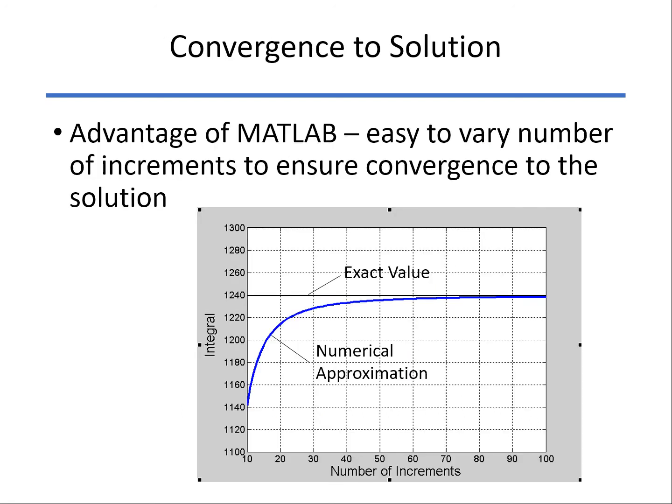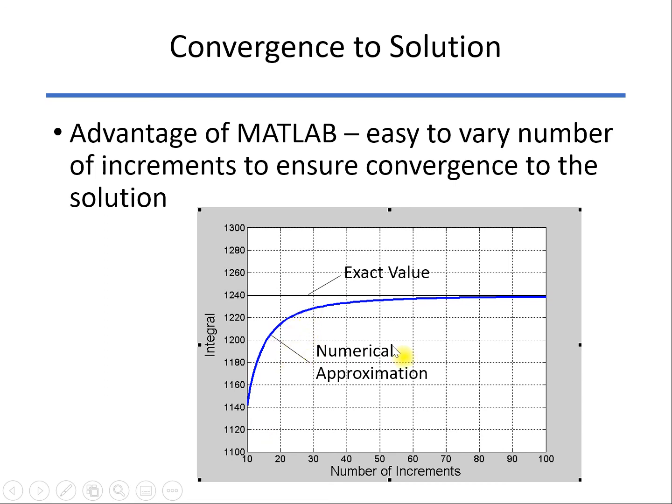So one way to make sure that you're getting a good answer with your numerical approximations is to use more and more increments until you find yourself converging to the solution. So again, in that last example we looked at, the exact answer was slightly under 1,240, 1,239 point something. And so you can see even when we're using 10 up to 20 intervals, we've still got a pretty good error.